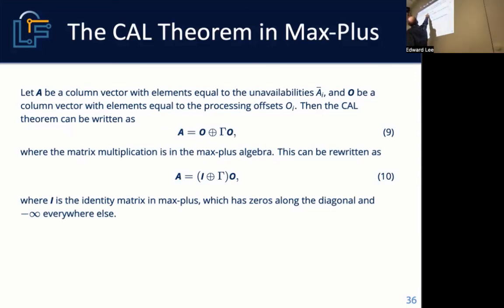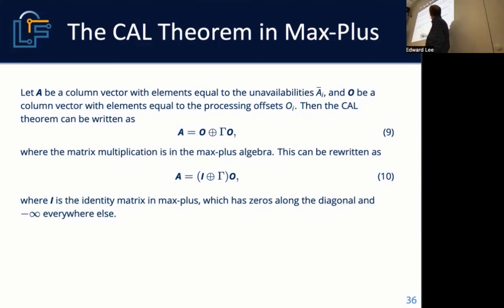If A is a column vector with the unavailability of each process, you can write that as a column vector of processing offsets plus this matrix times the processing offsets, or in a very nice linear form, the unavailability vector is a matrix times the processing offsets, which includes the specification for inconsistency.